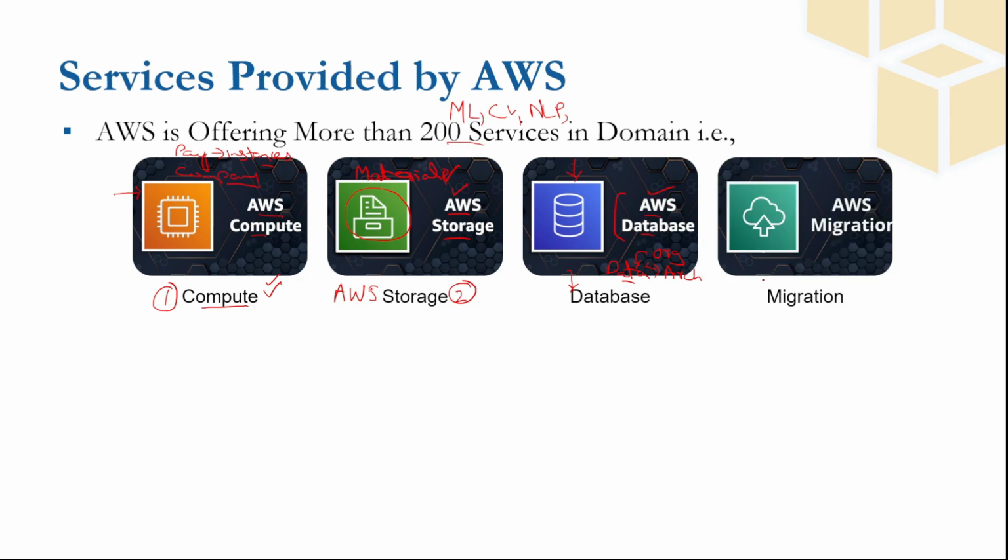Other than that, AWS Migration is another service, let's actually give it a number 3 first, that makes sure that you are migrating your company from your real world infrastructure to a cloud, right?